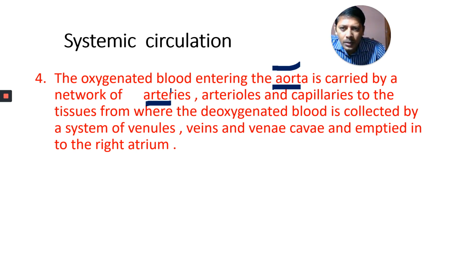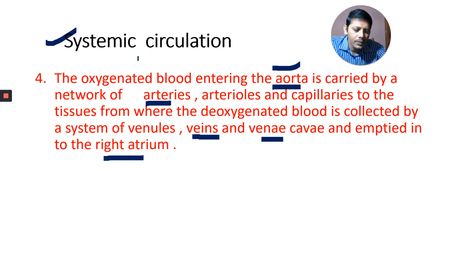At the tissues, deoxygenated blood is collected by the system of venules, veins and vena cava and emptied into the right atrium. This is the systemic circulation.